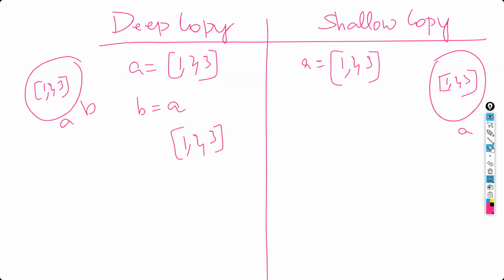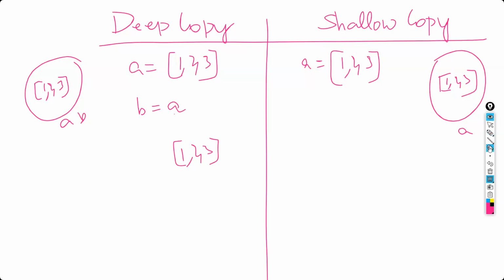Understand one more time. When you write B is equal to A, first the right side A value. What is the A value? 1, 2, 3. So values are collected. First step, values are collected. Where are these values stored? With the same object only. Not by separate objects, with the same object. That concept is called deep copy.